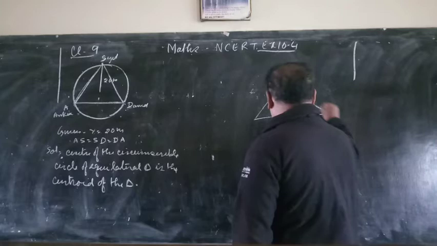What is centroid? The point of concurrence of all medians is known as centroid, and centroid divides a median in the ratio 2:1. I will also mention this one.